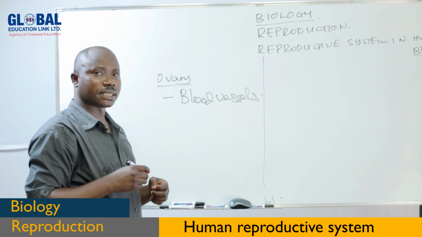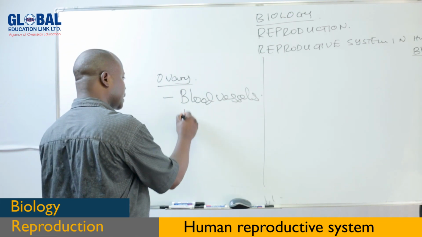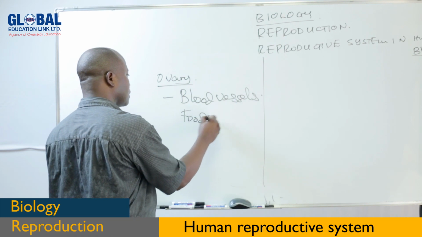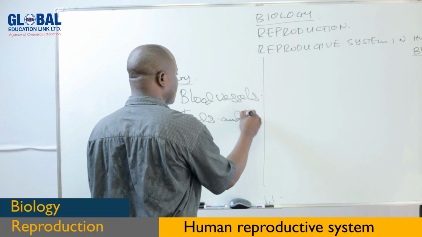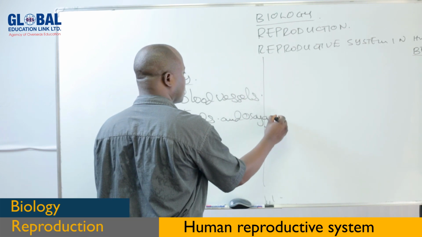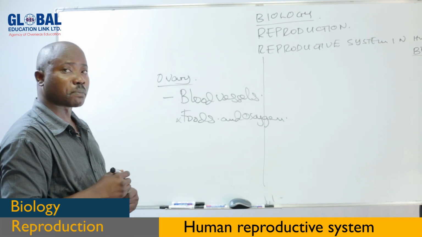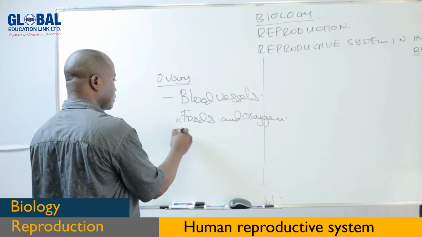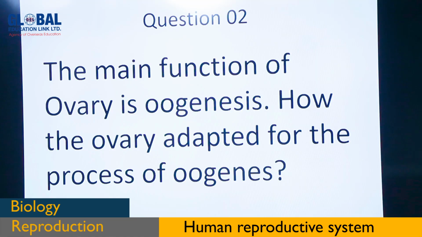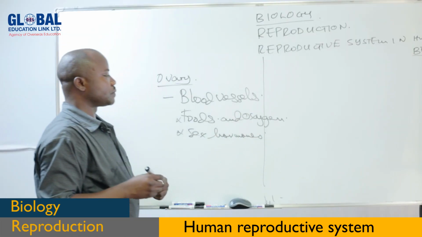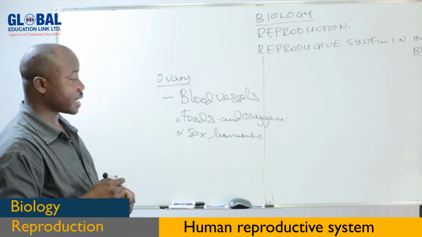These blood vessels serve two functions: they transport food nutrients and oxygen, but also the blood vessels transport sex hormones to the site of female gamete cell production.